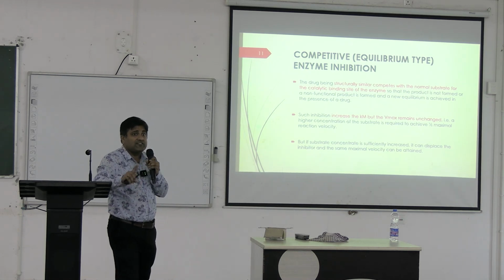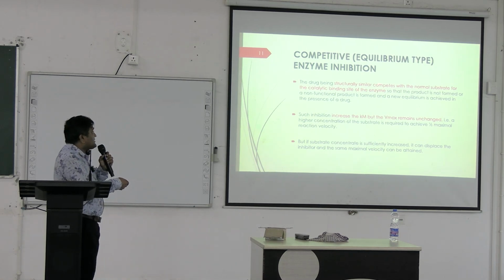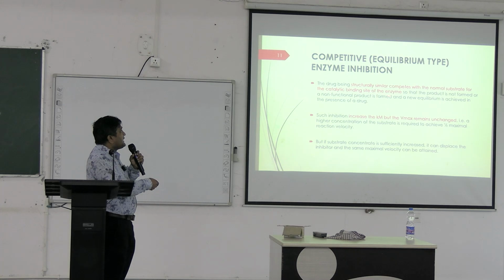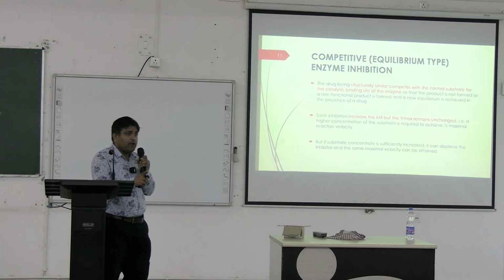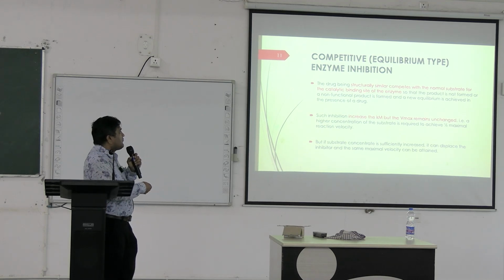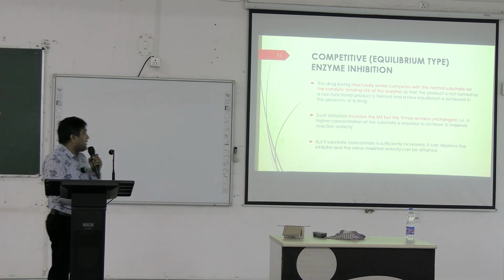So the structure should be similar, otherwise they cannot bind. If the drug binds to the enzyme, the product is not formed or a non-functional product is formed, and a new equilibrium sets in.